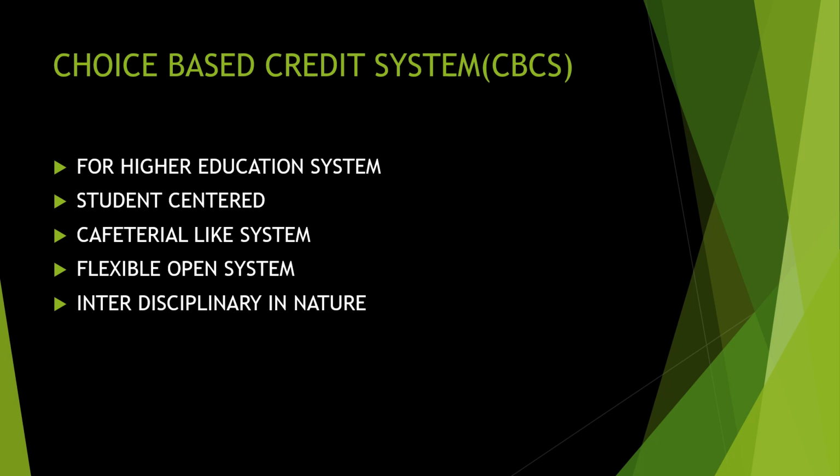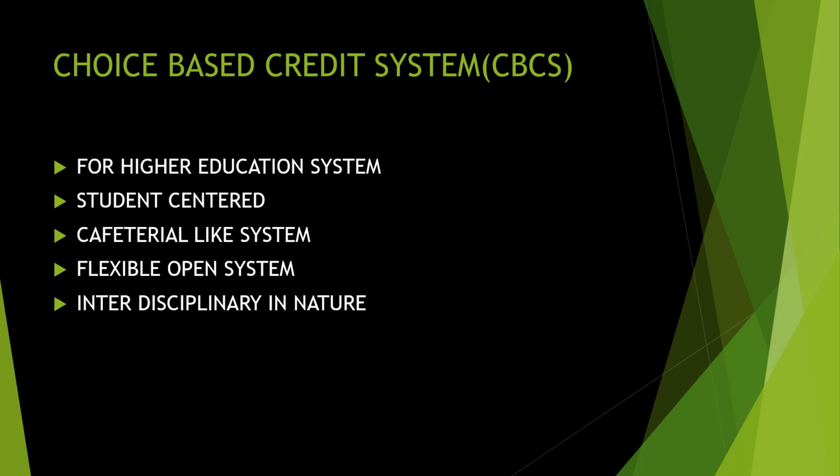And interdisciplinary means more than one choice is there. More choices can be seen in the choice based credit system, which we could not find earlier at the degree level. Understood? This choice based credit system brings a lot of changes to the degree level classes.